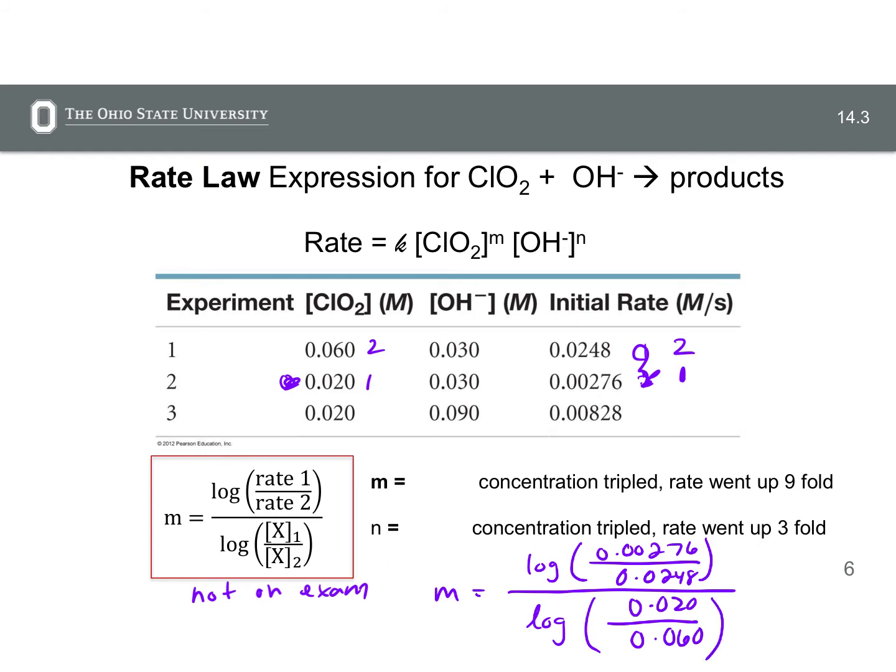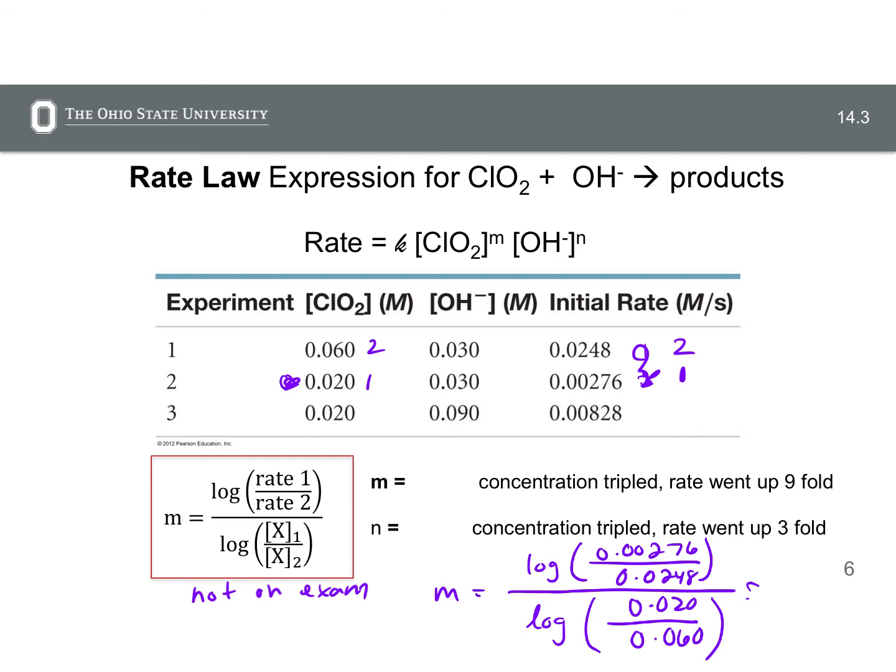It doesn't matter which way you pick it as long as you're consistent. So since I picked the rate from experiment 2 to be 1, I have to make sure I do that for both the rate and the concentration. You can divide these out, take the log, divide the whole thing, and get a value.